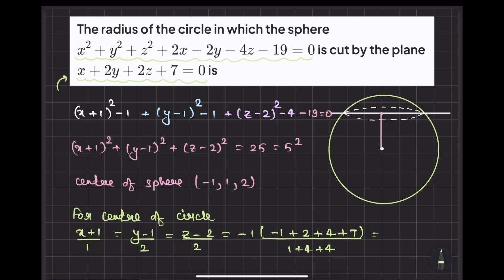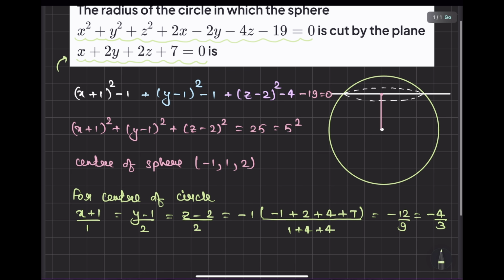So this thing will become 12, so it is minus 12. Minus 12 by 9, so it is minus 4 by 3. It is not required, but I want you to solve it.